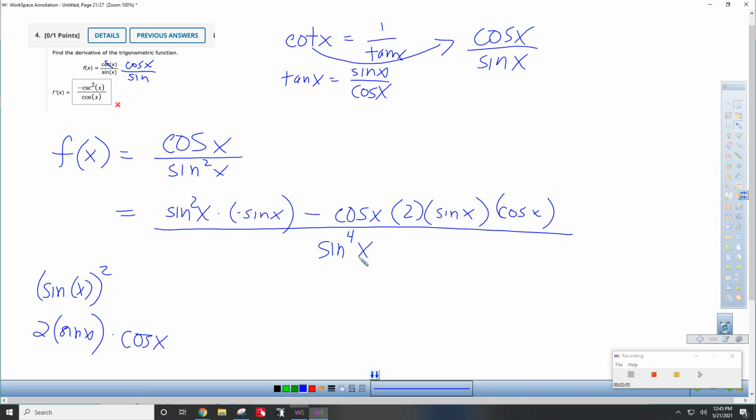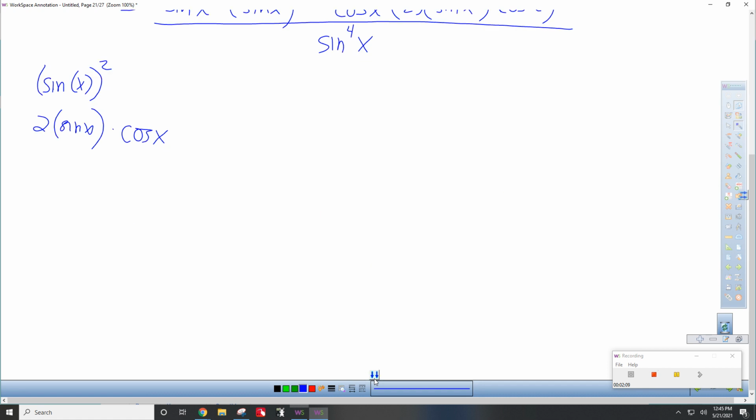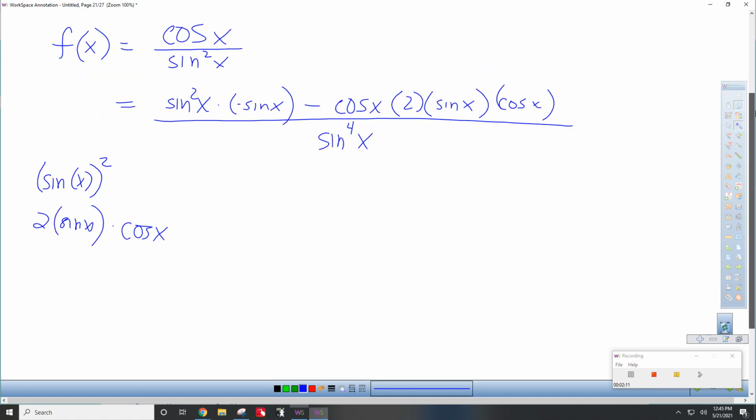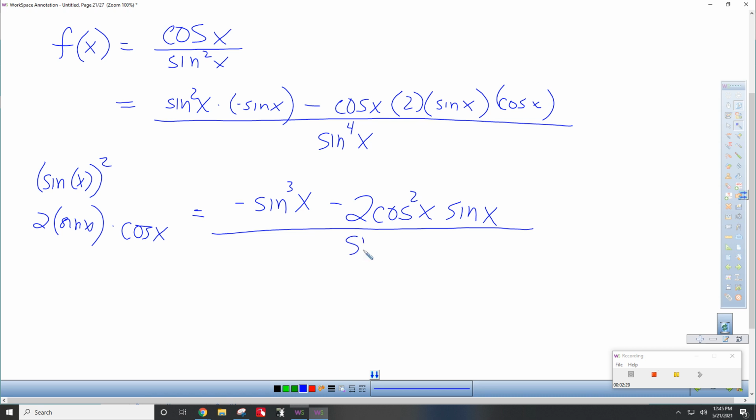Okay? All right, so what do we get on top? On top we get negative sine cubed of x minus 2 cosine squared x sine of x all over sine of x to the 4th.